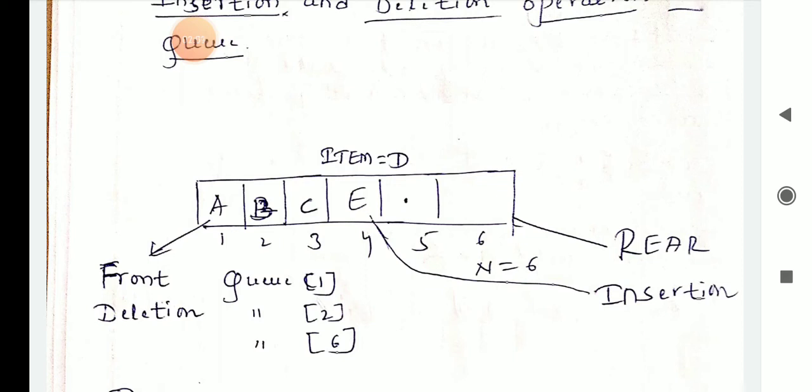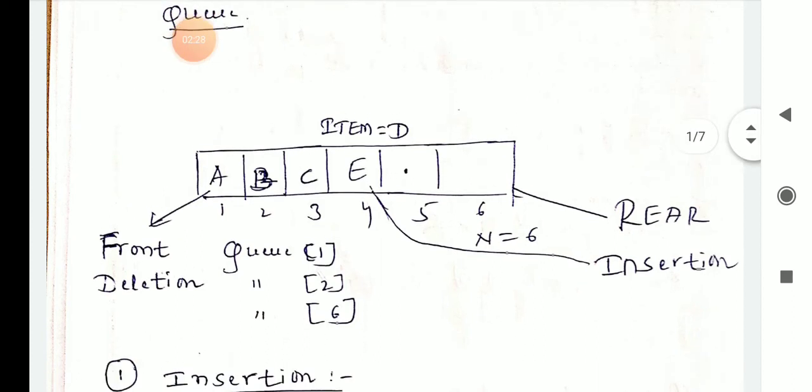Take one queue and set some elements in it. On the first side, the left side, you use the front for deletion, and at the end, the right side, you use the rear for insertion. So in the front end you delete, and in the rear side you insert into the queue one by one.